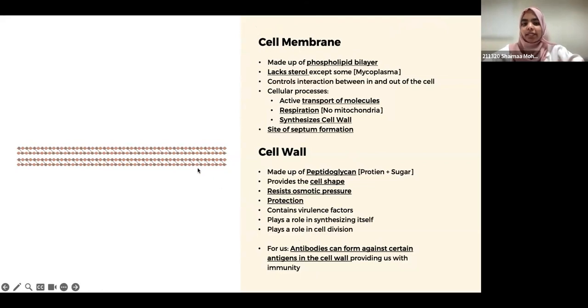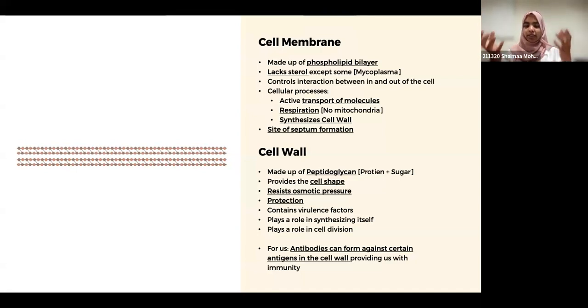For the cell wall, we said it's made up of peptidoglycan, peptides, which are proteins, and glycans, which are sugars. And since it's a rigid structure, it provides the cell shape and also resists osmotic pressure. So if there's osmotic pressure on the cell wall, it's not going to burst.